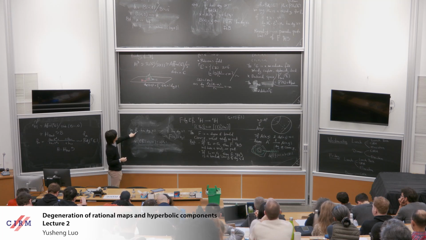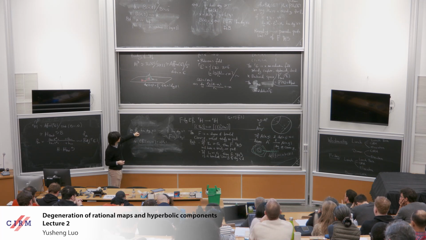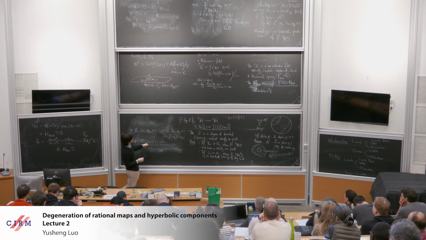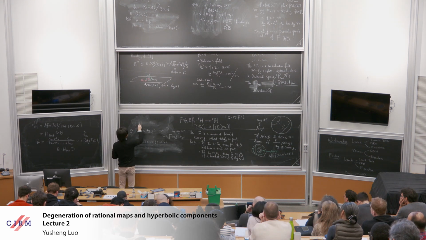On the other hand, having the limit of this sequence, this rational map has degree greater than or equal to 2, would mean that the barycentric extension of Fn acting on the origin, the distance between that and the origin is of the order O of 1.